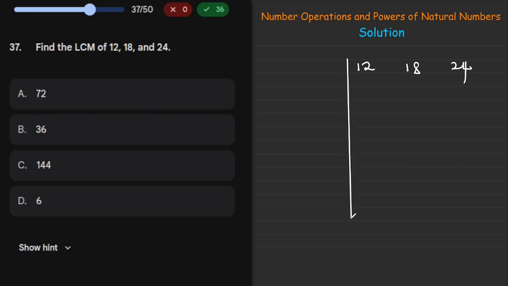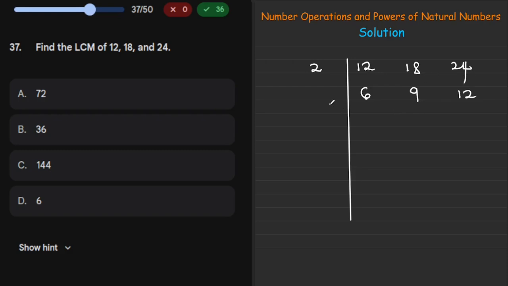If you are using the table method, unlike that of the HCF, you keep dividing even if you have no number that divides all of them. First of all, let's start with the number that divides all of them, and we have 2 because all these numbers are even. 2 divides 12 to give us 6, 18 to give us 9, 24 to give us 12.